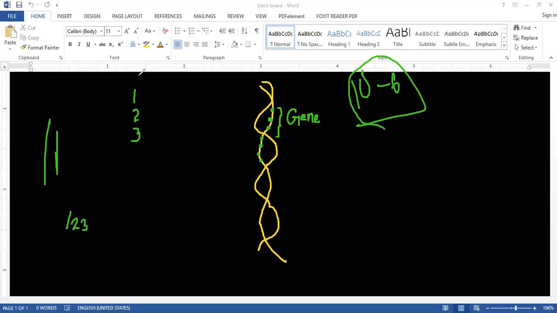And if you bring 2 and 2, 1, 3, and you can bring 3, 2, 1, and 3, 1, 2. Something like that. You can take the order and change that order. If you bring 3 here, then if 1 comes down, the order will be changed.